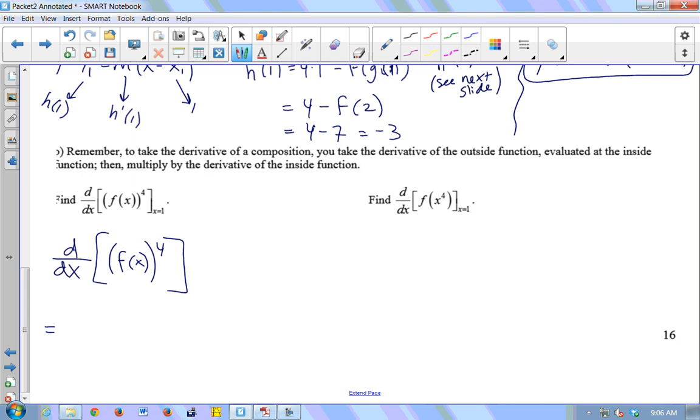So that looks like some stuff to the 4th power, right? So I'm going to apply the power rule to the stuff. So I get 4 times f of x cubed. But then I also have to multiply by the derivative of the stuff. So times f prime.